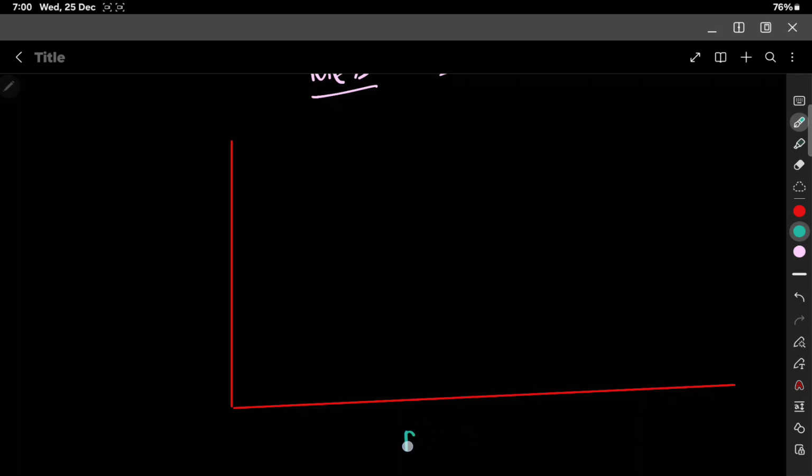On the x-axis, this is dose in mg per kg, and I am taking some antipyretic drug. Antipyretic means a drug used to treat fever. Any antipyretic drug I am taking, for example, paracetamol.